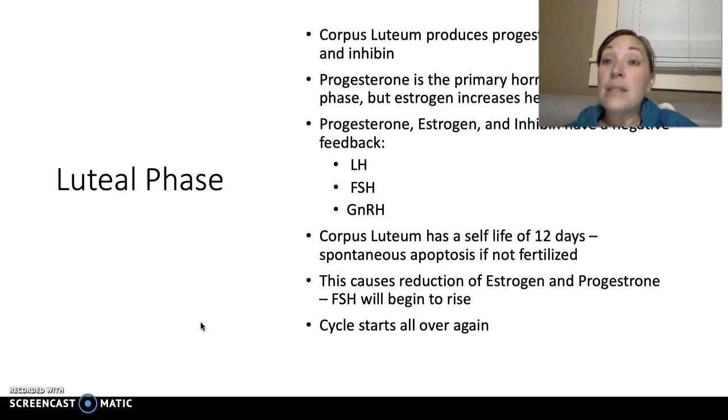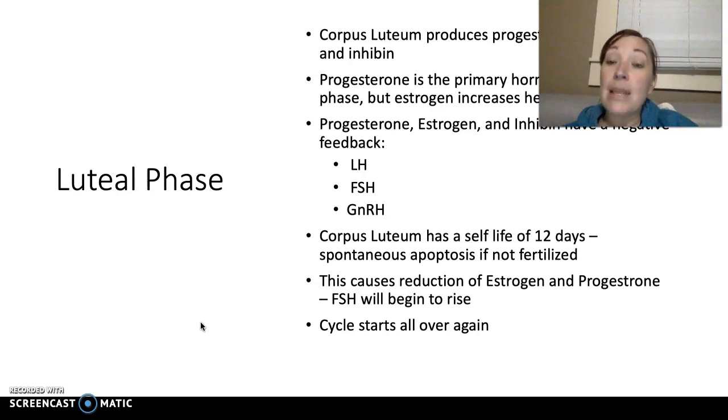If fertilized, different hormones occur. But with non-fertilization and its disintegration, you basically get a reduction of estrogen and progesterone. And that reduction in those hormones stimulates both gonadotropin-releasing hormone and FSH to begin to rise. And then that is what starts the cycle all over again.